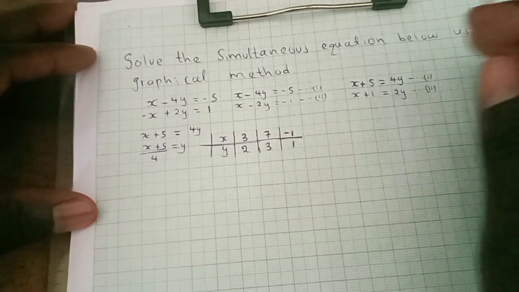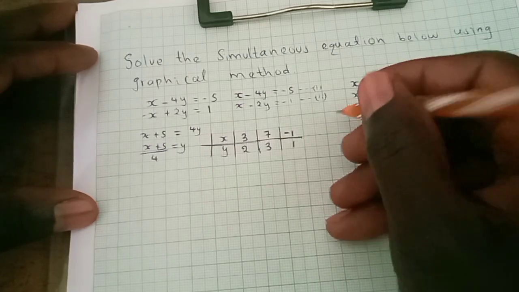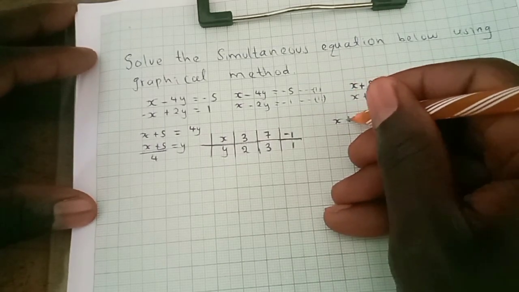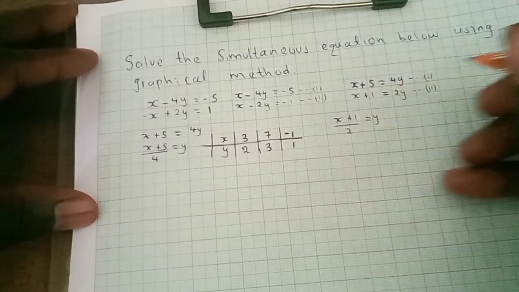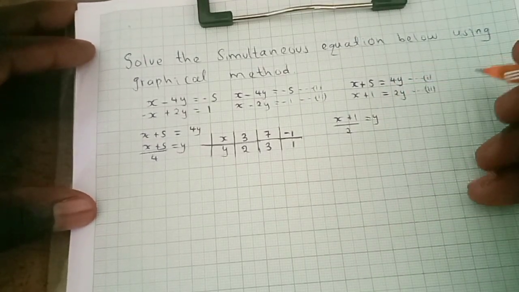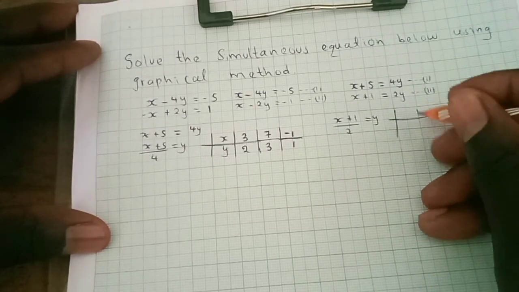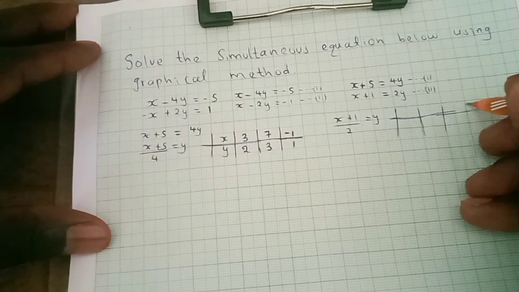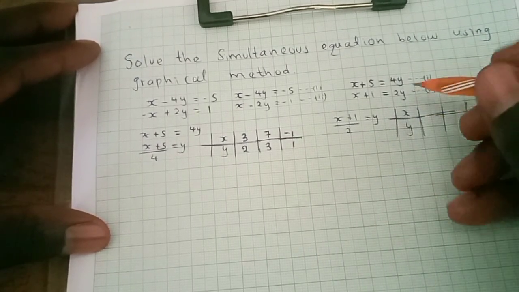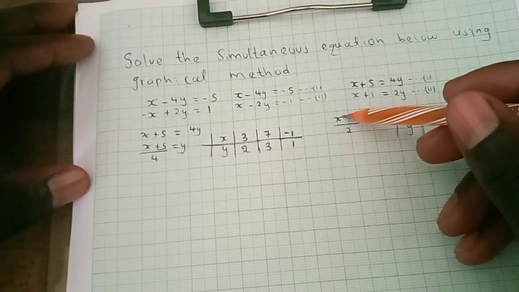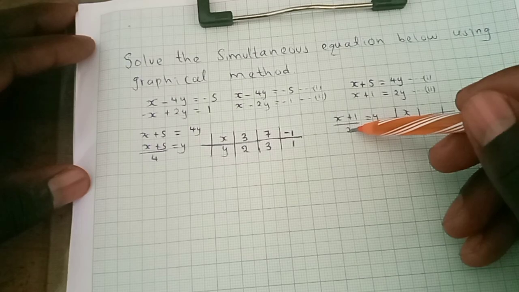So the second equation, which is x plus 1 is equal to 2y, I can rewrite as (x plus 1) over 2 is equal to y. And I can look for the plottable values of x and y. I'm going to look for a value x such that when I add it to 1, I'm going to get a number which is divisible by 2.